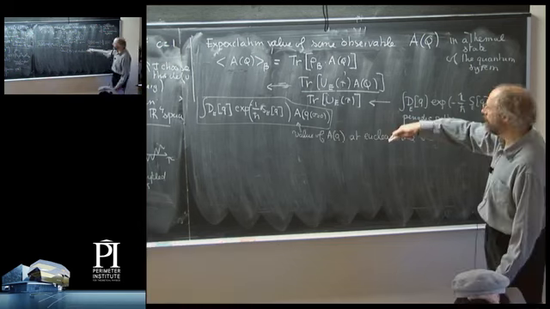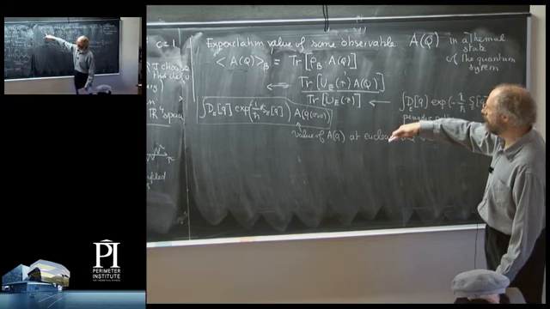So you see that this quantum expectation value of a quantum observable is simply the ratio of the sum over all trajectories of A of Q of sigma equals 0 divided by the partition function. So this is nothing else, that's a classical expectation value of A of Q of 0.